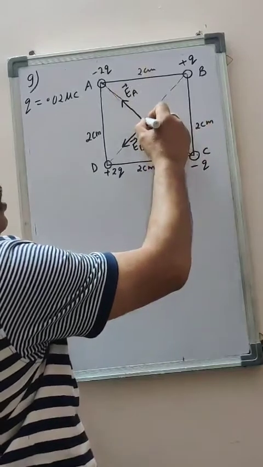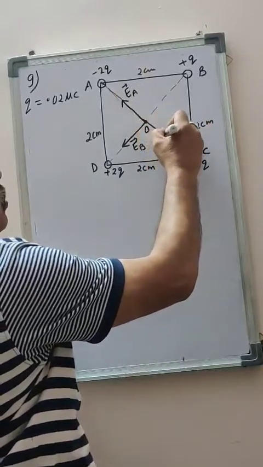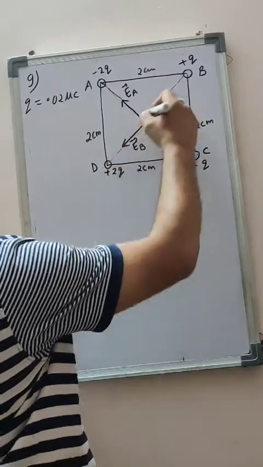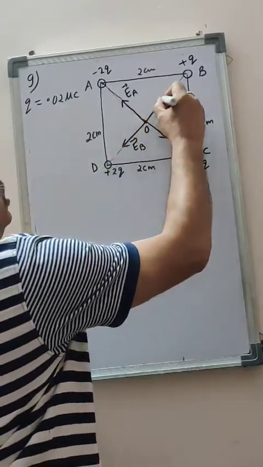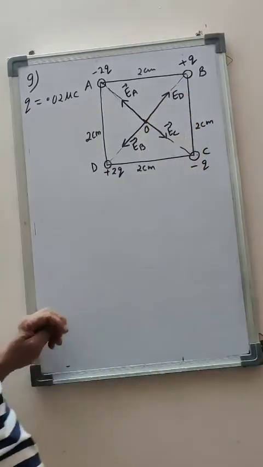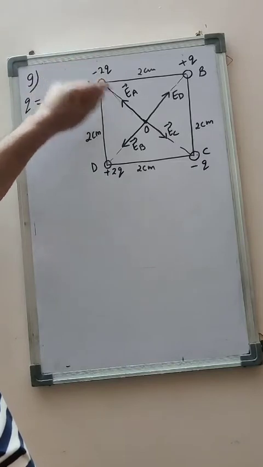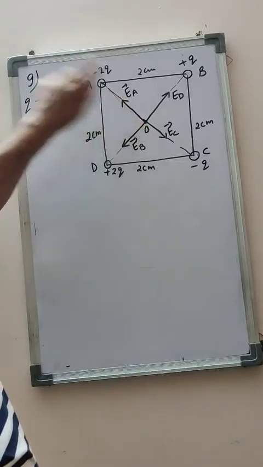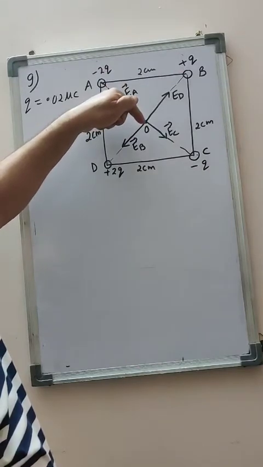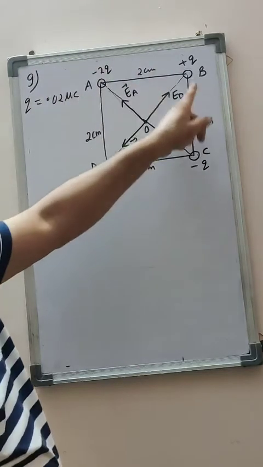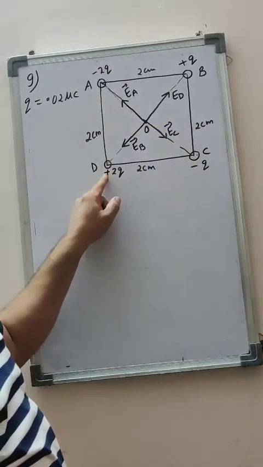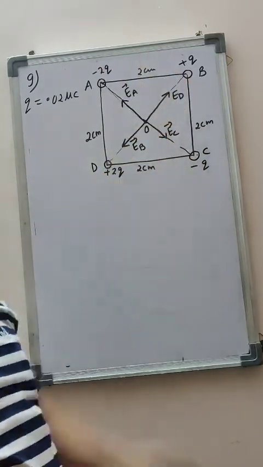Field of C will be towards the charge, and field of D, positive, away from the charge, ED. Negative charge will produce field towards itself. Positive will produce field away.